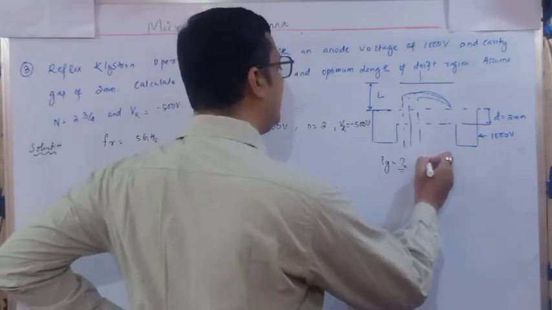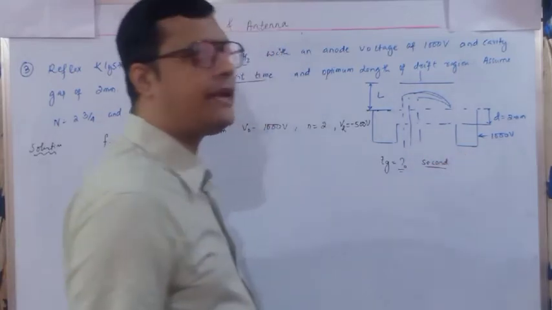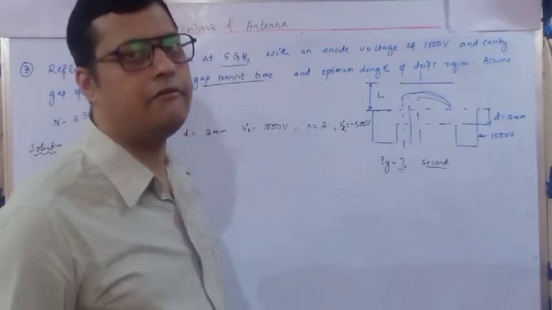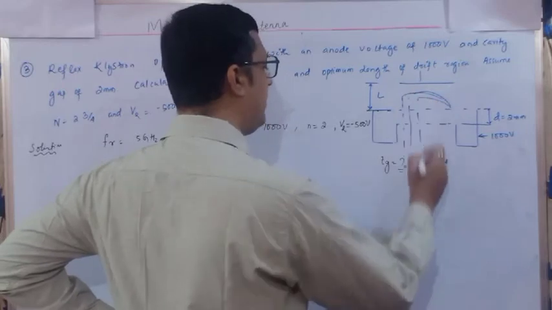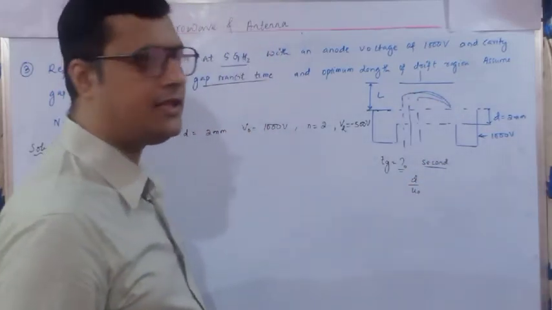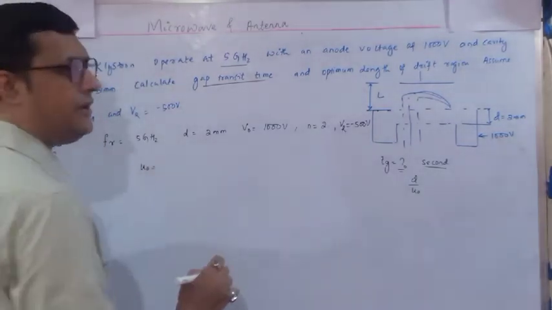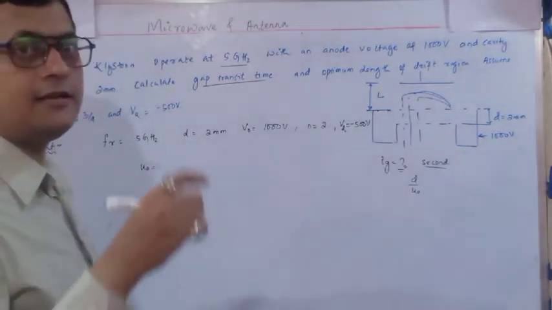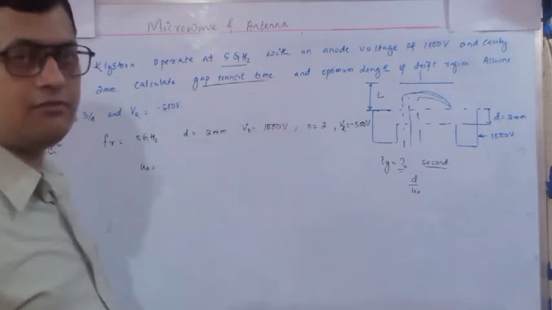TG is second. Time period is second. So how to calculate this time period? Distance by velocity. So what is the distance? Distance is the gap and velocity is u naught. So this is my gap velocity. Now what is this u naught? U naught we have calculated, some value root over of v naught, that is the velocity modulation we have seen.